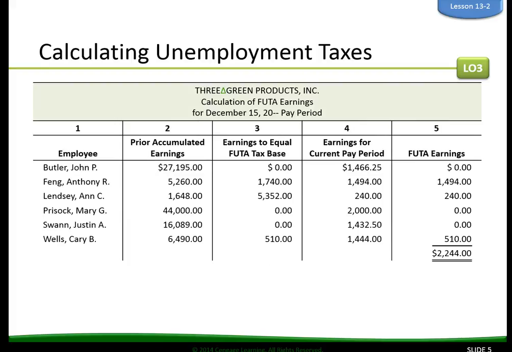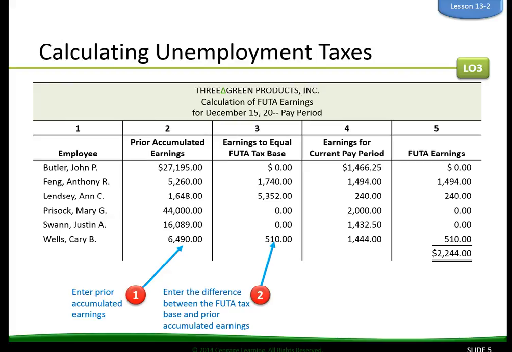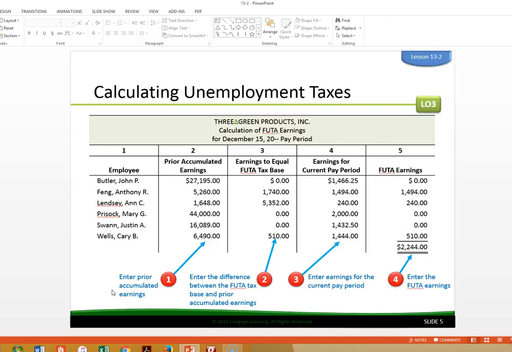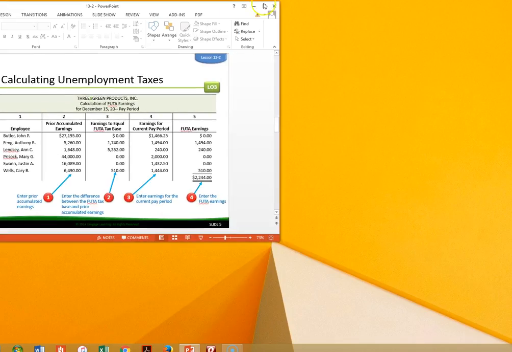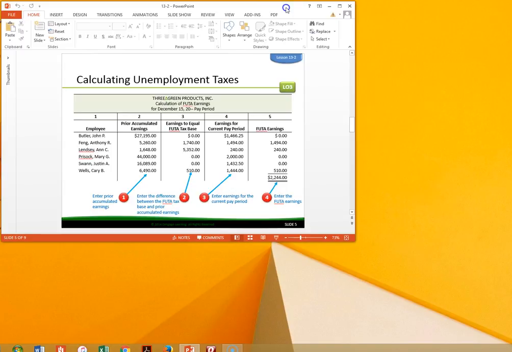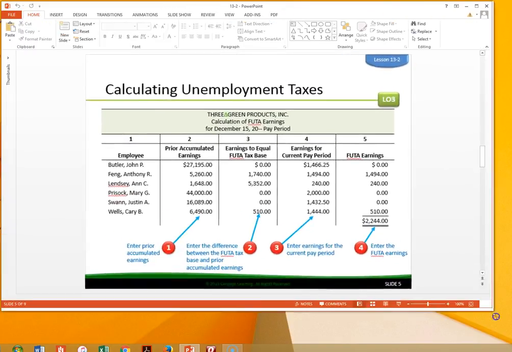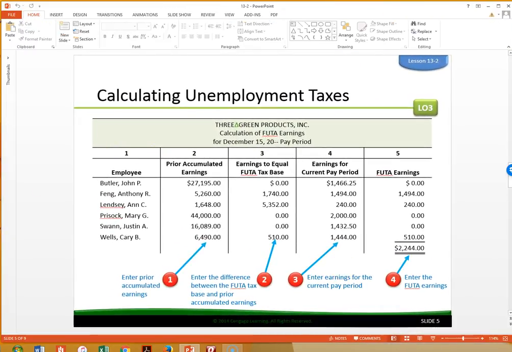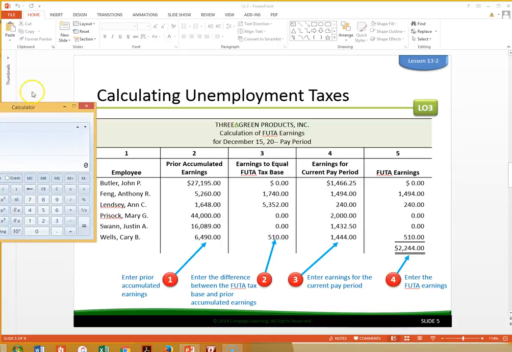Alright, so let's look at this. We've got all of our employees, our prior accumulated earnings. The difference between FUTA tax base and accumulated earnings. I actually need to get a calculator out here, so hold on. Okay, a little awkward here, but I need the calculator.